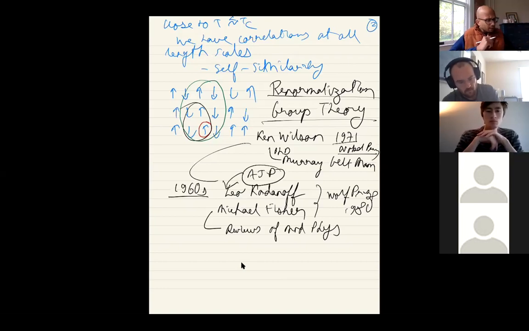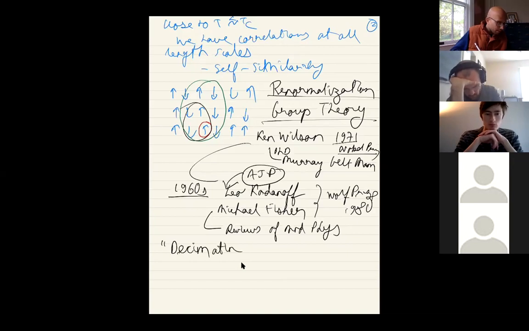So the idea in renormalization group theory is quite simple and quite beautiful. It says that if things are going to look similar, even if you keep changing the length scale, why look at the smallest length scale? Why not start zooming out, right? The term that is used for renormalization group theory is a verb I like a lot. It's called decimation. So you start decimating degrees of freedom.